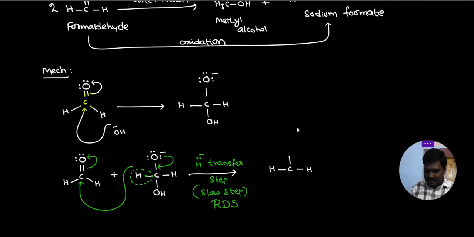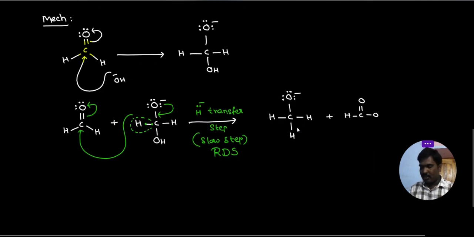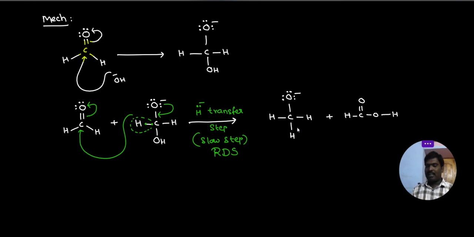H-CH-O minus, the hydride ion is shifted to here, plus HC=O, HC=O, OH. Clear? Now here the OH bond is a more polar bond, so that formic acid readily gives H plus. Why? The formed formate ion is resonance stabilized.